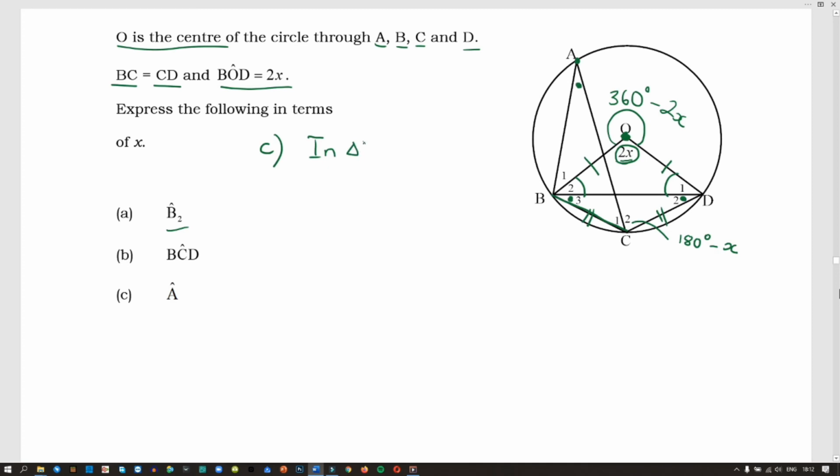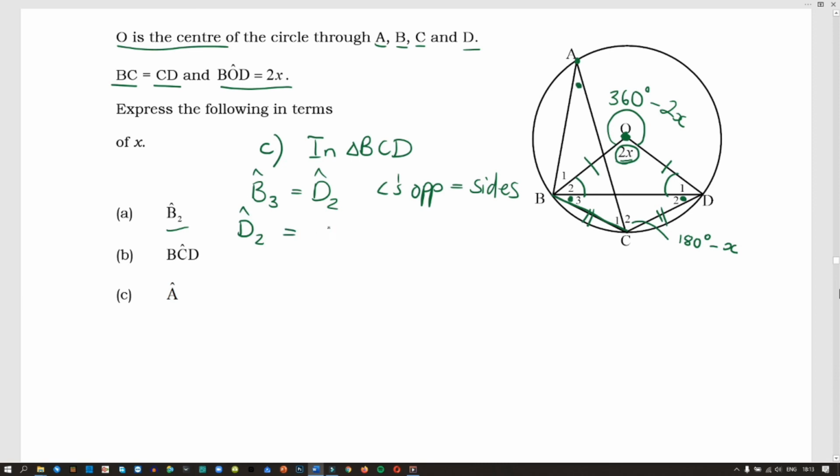So in triangle BCD, what we have is B3 equals D2. And that is because we were given the sides. So those are angles opposite equal sides that were given to us. Okay, now we need to get them. So they're going to then together equal, let's just start with D2.